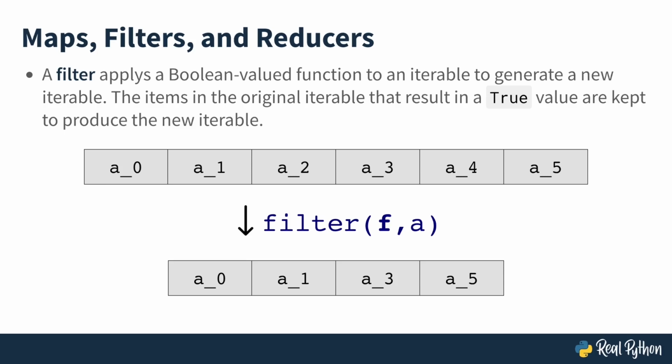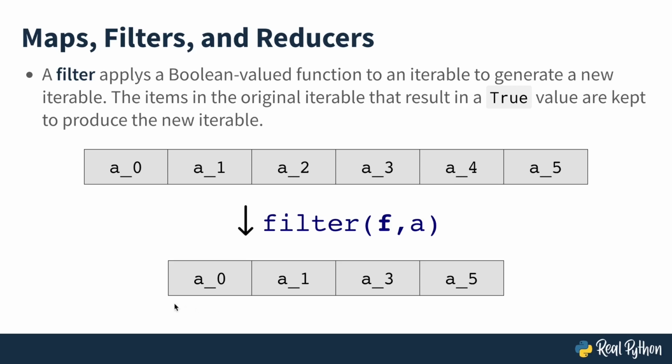The other key operation is the filter one. A filter applies a Boolean valued function to an iterable to generate a new, possibly smaller iterable. The items in the original iterable that return a true value are the ones that are kept to produce the new, possibly smaller iterable.